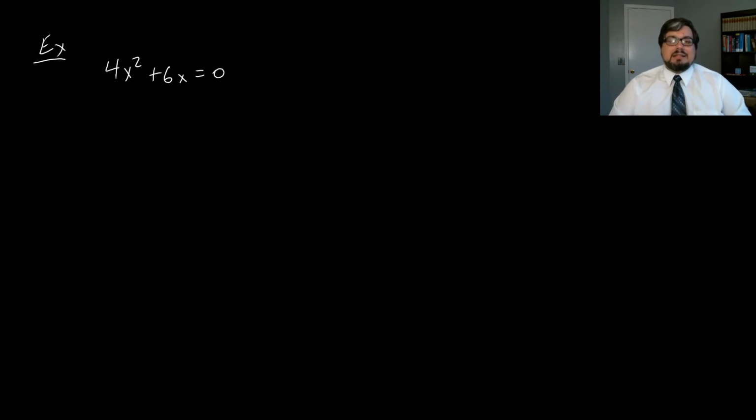Now, factoring is again key. We want to use the zero-factor theorem, which means we need to write one side of this equation as two things multiplying together to equal 0. So here we're going to factor the greatest common factor out of the left-hand side.